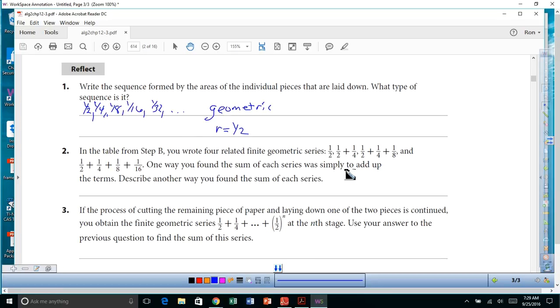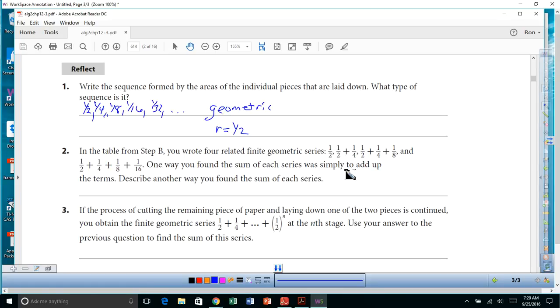In the table from step B, you wrote four related finite geometric series: 1/2, 1/2 plus 1/4, 1/2 plus 1/4 plus 1/8, and 1/2 plus 1/4 plus 1/8 plus 1/16. One way you found the sum of the series was simply to add up the terms.